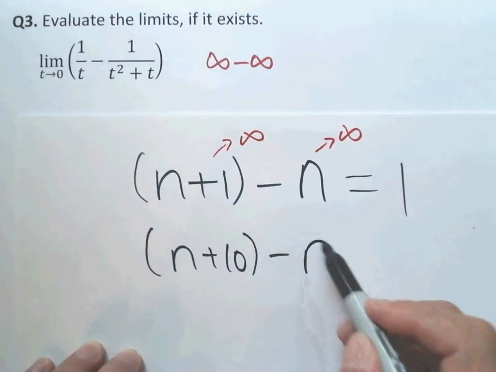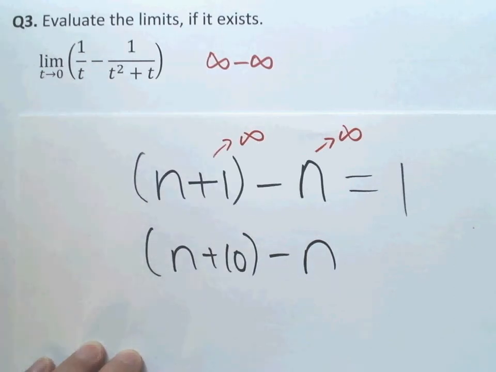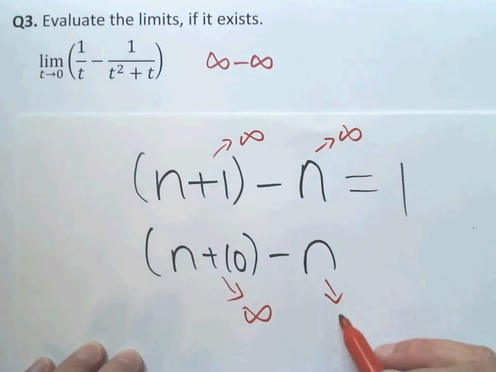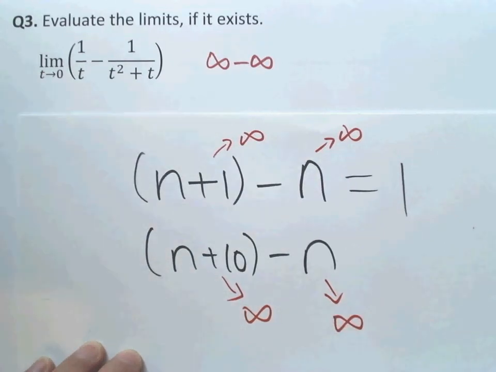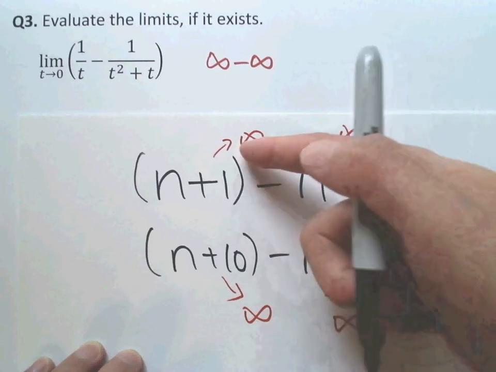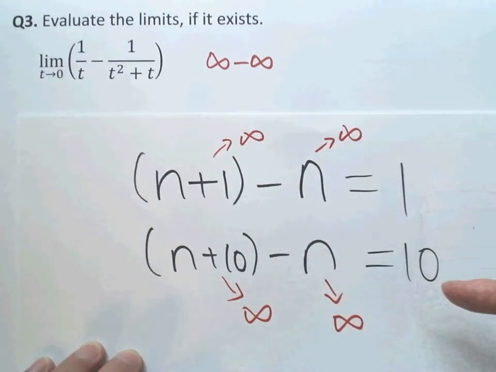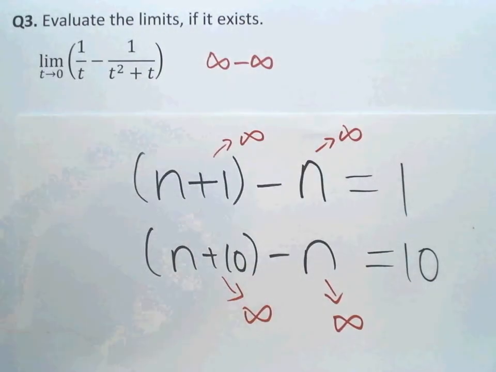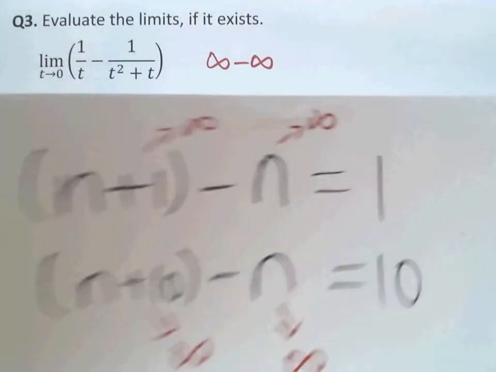Another: n plus 10 minus n. Both go to infinity, however the difference is always 10. The same type, but the results are different. It could be any number, depending on your question.